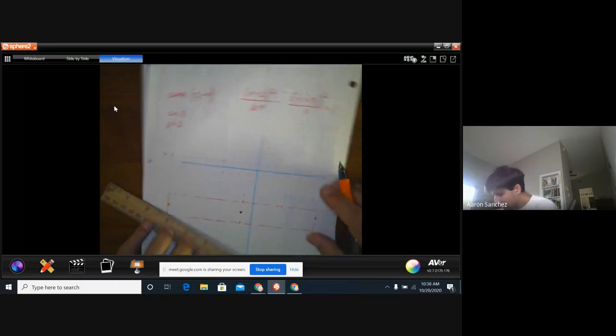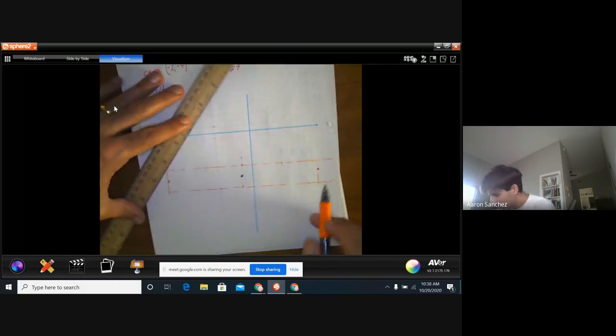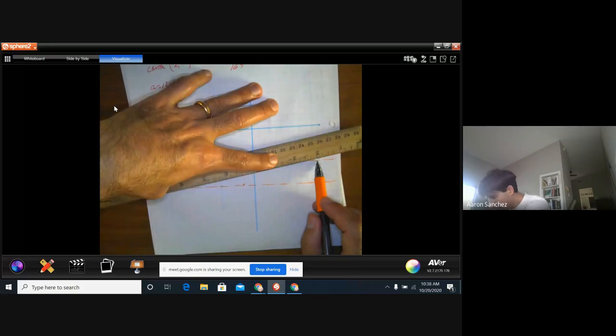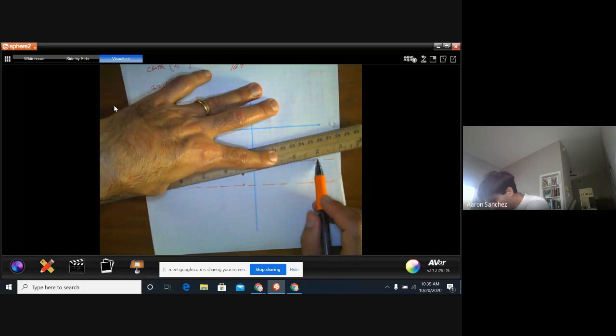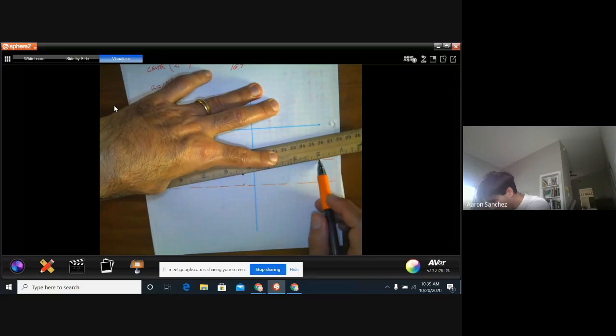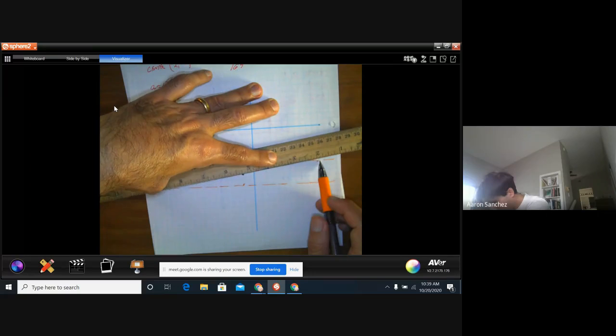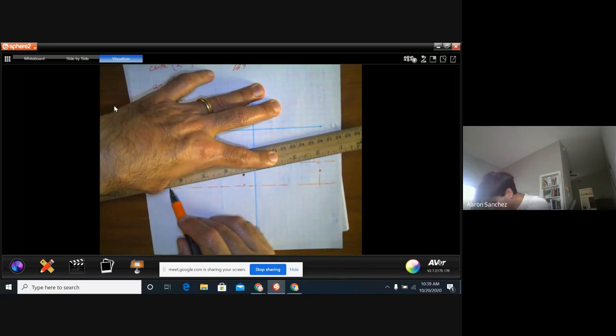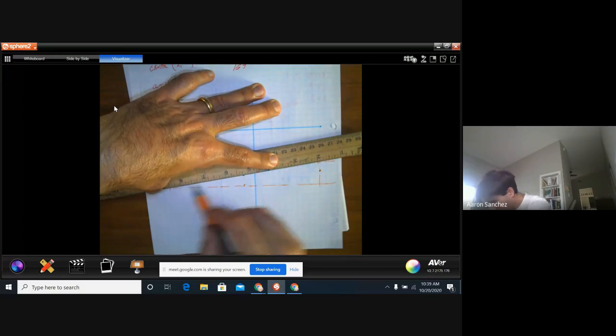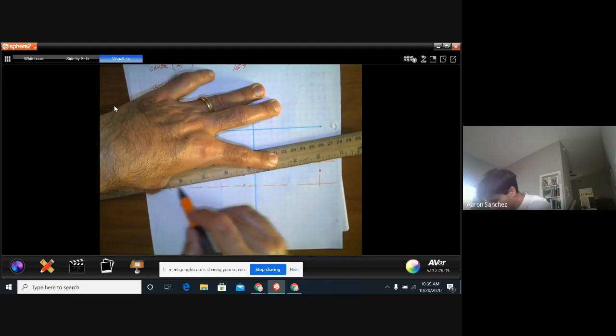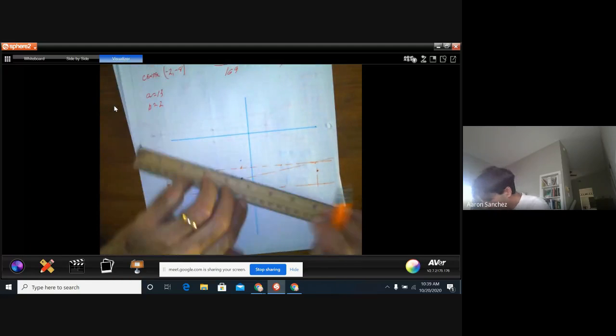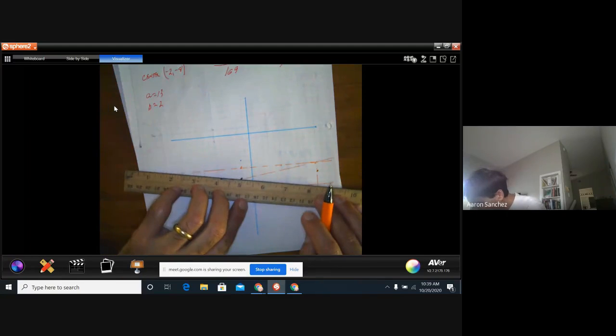Dash it up. Let's connect our little corners to make the asymptotes.